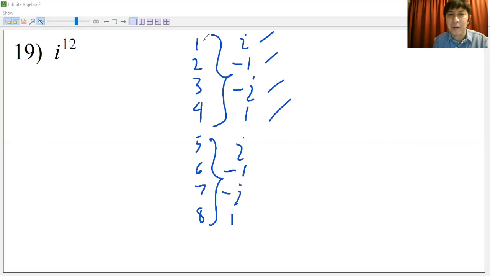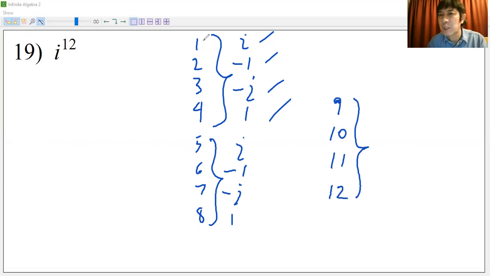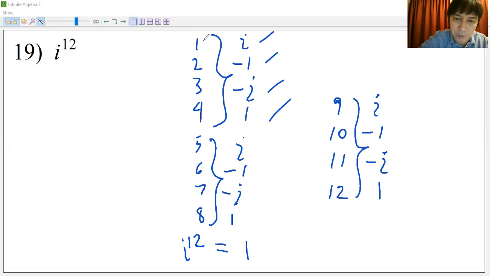Then 9, 10, 11, and 12 have the same cycle. So you can very well see that I to the 12 is positive 1.